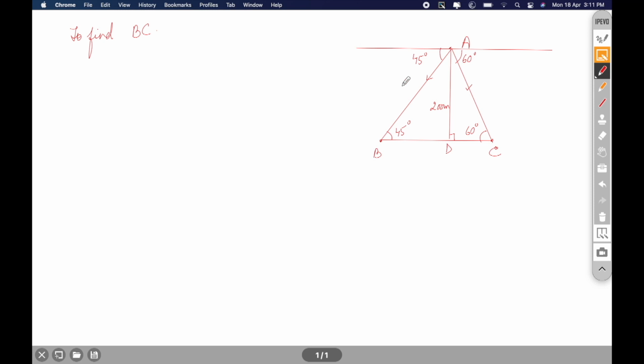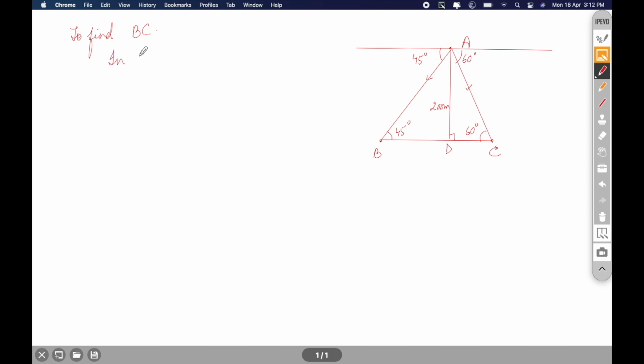So we have two right angle triangles, that is triangle ADB and triangle ADC, and in both these triangles we have angles 45 degree and 60 degree respectively. So we can use tangent of the angle in order to have the ratio of the altitude and the base.